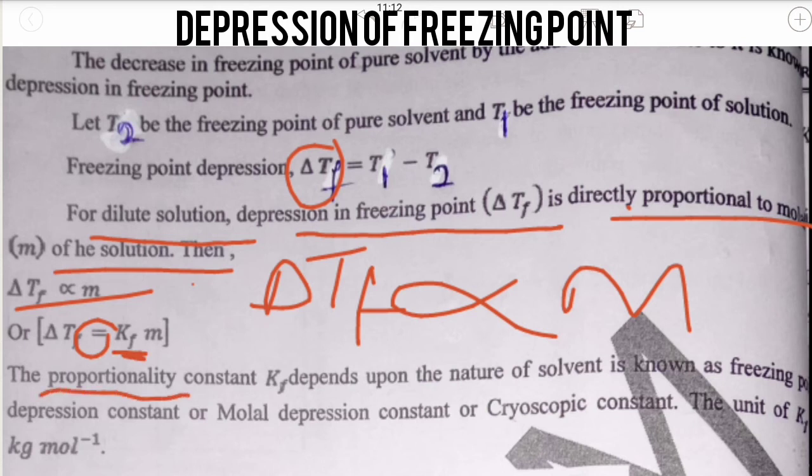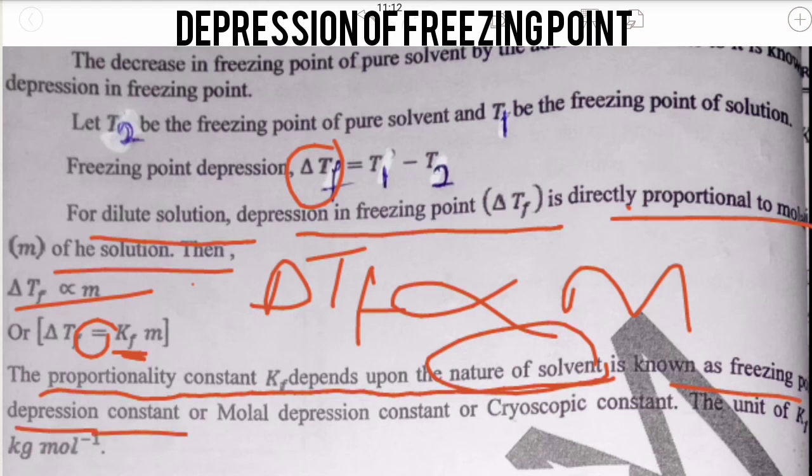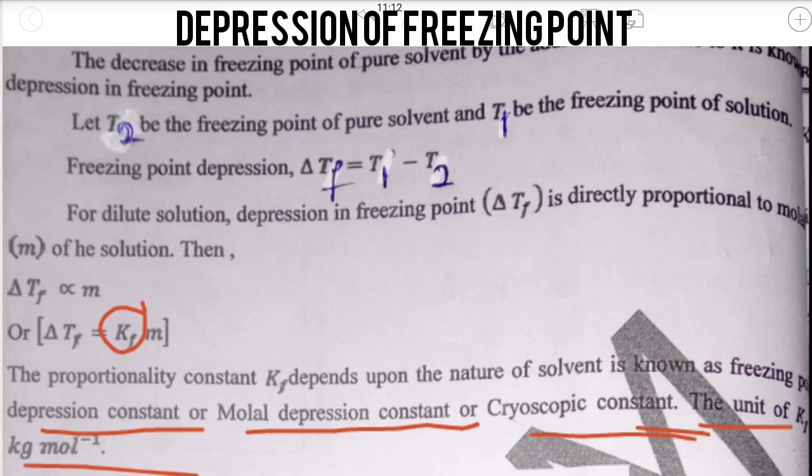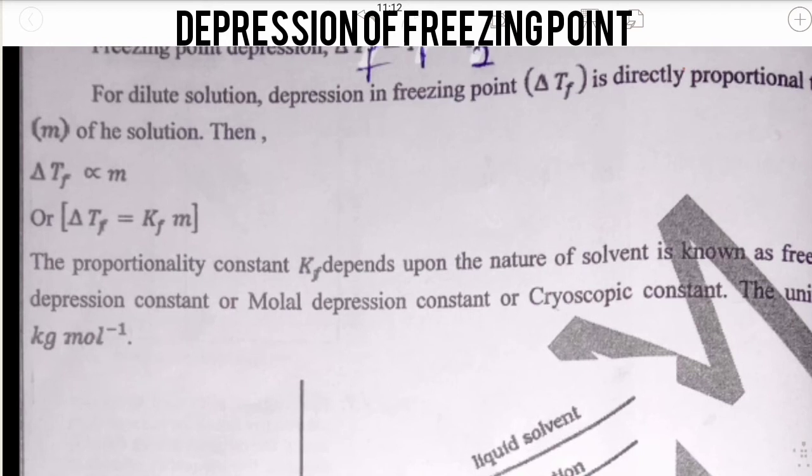The proportionality constant Kf mainly depends upon the nature of the solvent. It is known as the freezing point depression constant, or molar depression constant, or cryoscopic constant. The unit of Kf is kg per mole.